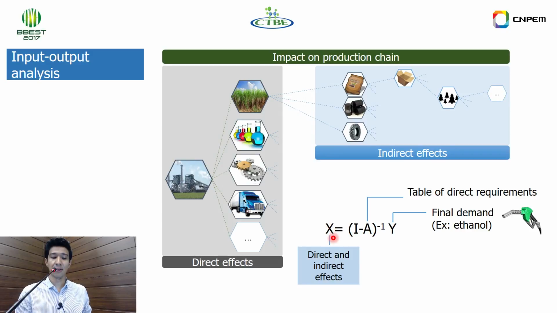And in order to calculate this unknown variable, we need to simulate a shock or a change in the final demand of a product of interest, let's say ethanol. And we also depend on the Leontief inverse matrix, which is basically an identity matrix minus a table, which is the table of direct requirements. This table is obtained in the official database from the government, like the IBGE database.